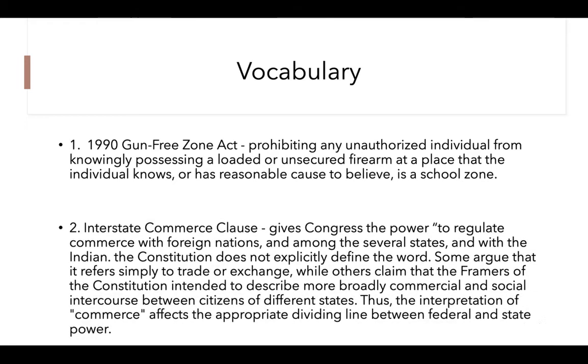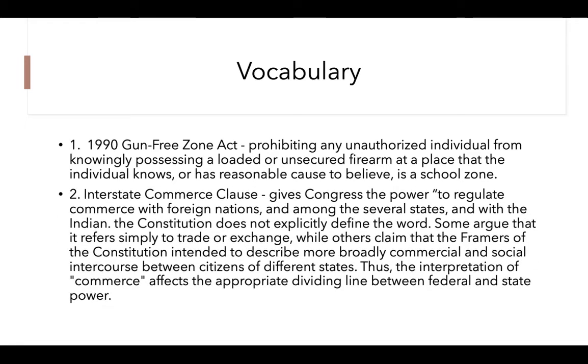But also keep in mind that we have what's called the interstate commerce clause. I'm going to spend just a little extra time on this because the concept of this case doesn't center itself around the 1990 Gun-Free School Zone Act. It centers itself around the second vocabulary concept, which is the interstate commerce clause.